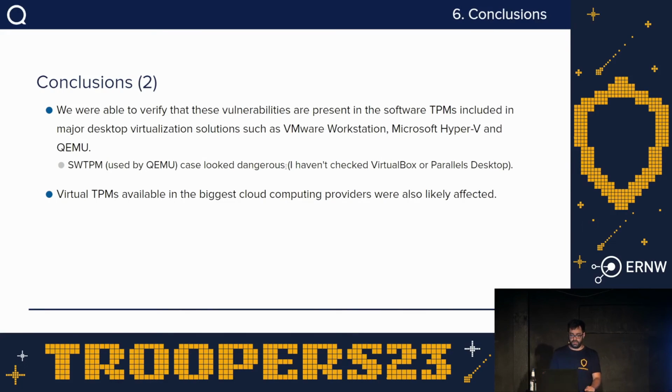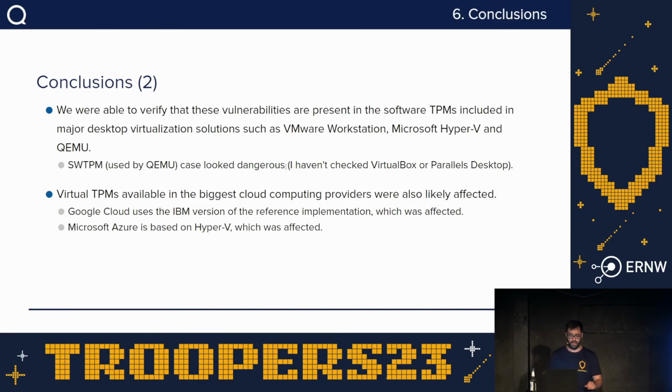Something very interesting is that virtual TPMs available in some of the biggest cloud providers were also likely affected, and we were quite confident that at least Google Cloud and Microsoft Azure were affected. You may ask why. Well, there's a blog post where Google Cloud announced the availability of virtual TPMs, and they said, we use the reference implementation provided by IBM, with a link to SourceForge, and we checked that that version contained the vulnerability.